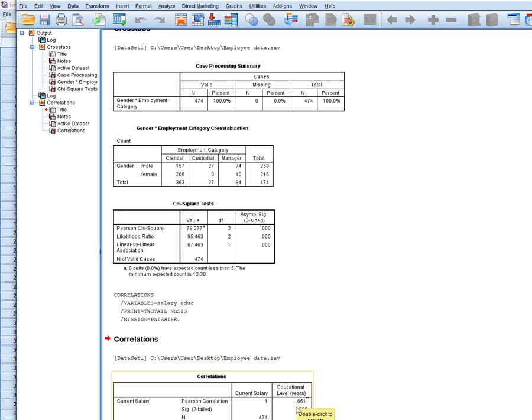So 66%, what we're seeing here, is above 50%. So we can say this relationship, which is positive, is also strong. So there's a strong positive relationship between current salary and education level.